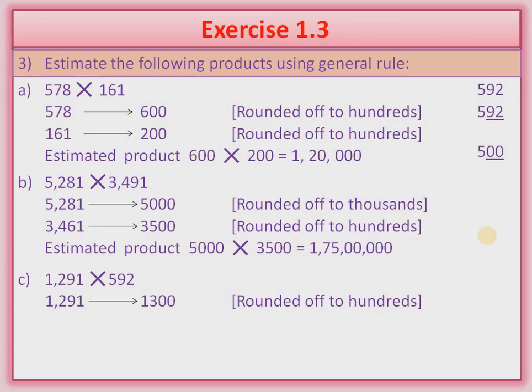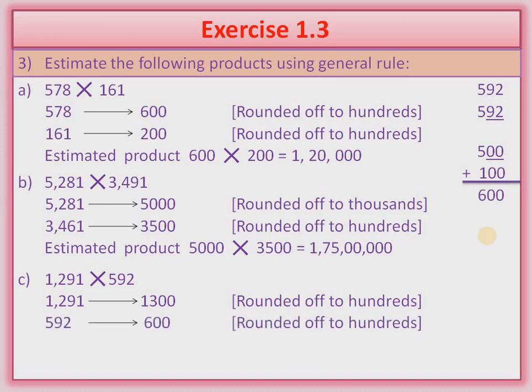Then check the estimated value of 92, which is equal to 100. So we will add 100 to 500 and get 600 as the answer. Understood? So 592 rounded off to 100 is equal to 600.